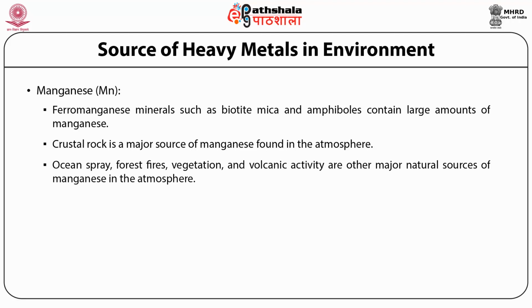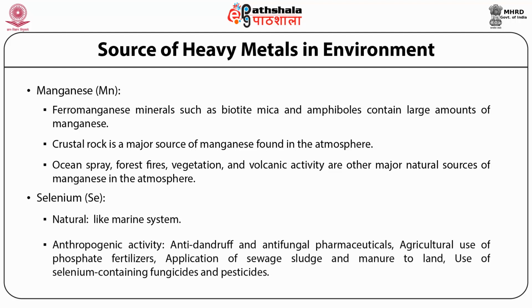Ocean spray, forest fires, vegetation, volcanic activity are some other major sources of manganese in the atmosphere. Marine system is one of the natural sources of selenium in the atmosphere. Other anthropogenic activities which result in selenium in the environment are anti-dandruff and antifungal pharmaceuticals, agricultural use of phosphate fertilizers, application of sewage sludge and manure to land, and use of selenium containing fungicides and pesticides.